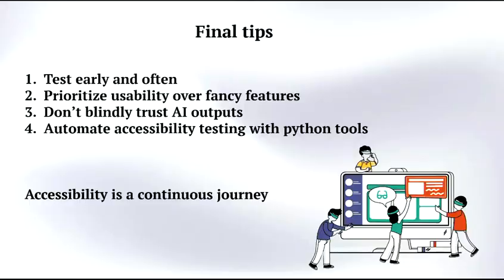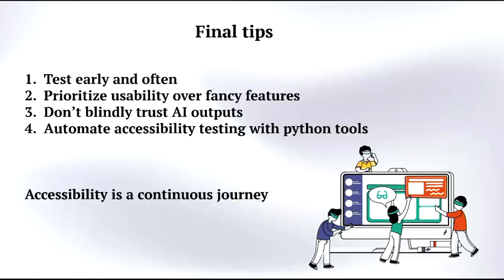So with this, we are at final tips. First one is test early and often. There are a lot of chances that with AI-generated content, things might break. It can happen that your existing website was already accessible, but when you added more things to it, the accessibility part broke. So test often, use tools like Axe and keyboard testing, and use screen readers to check what your content actually says.